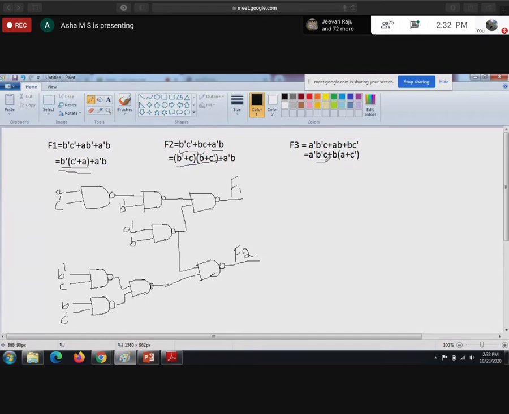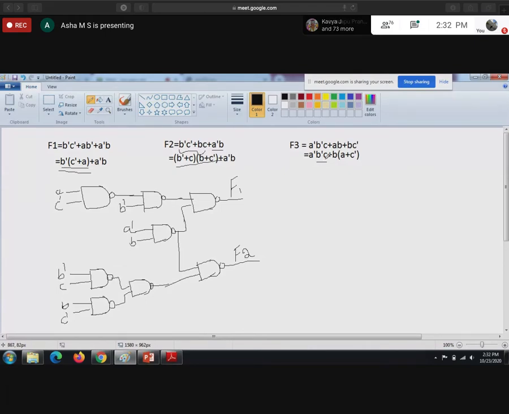See, B bar C we have already, correct? So to get that as B bar C, we need to use the inverter here, because here after NANDing, what will happen? It is like a BC, correct, right?